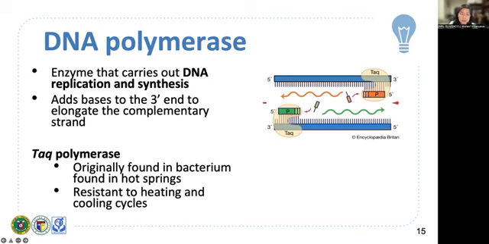So Taq polymerase is a kind of DNA polymerase that is normally found in bacterium isolated in hot springs. So why this particular enzyme was selected is because it's resistant to heating and cooling cycles that we will know later on is the usual setup in your PCR cycle. Maraming heating and cooling phases throughout the PCR cycle.